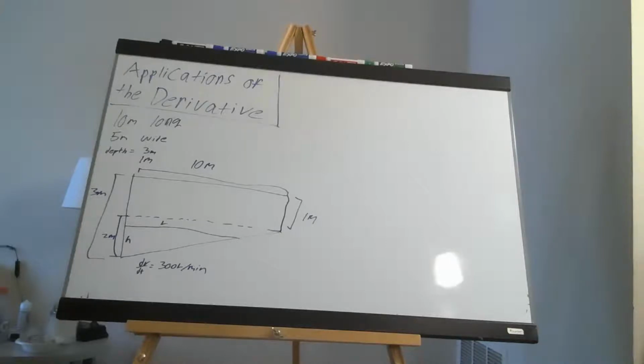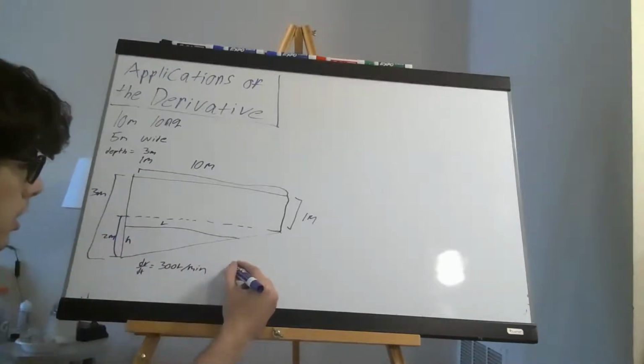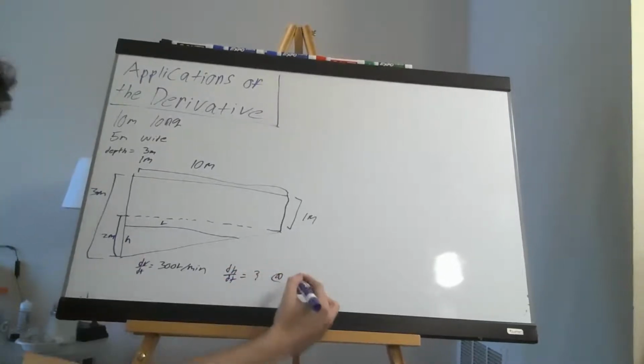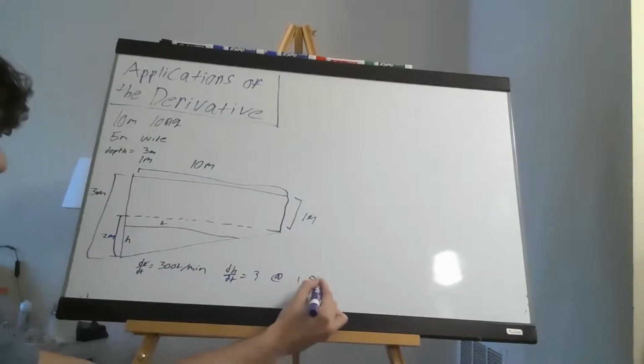And then their question is, at what rate is the water level rising when it is 1.5 meters deep at the deep end? So what rate is the water level rising? So we want to find the derivative in terms of height. So dh/dt equals question mark at 1.5 meters deep.